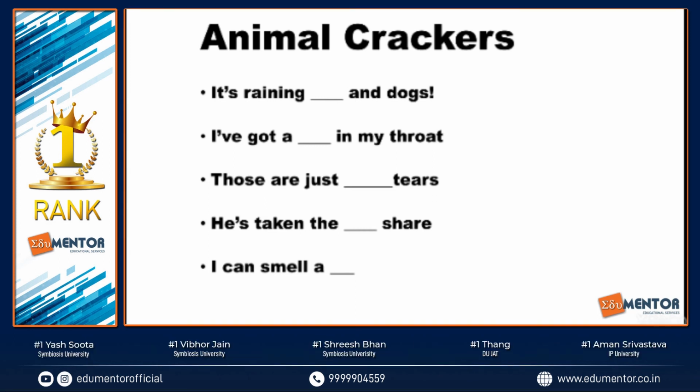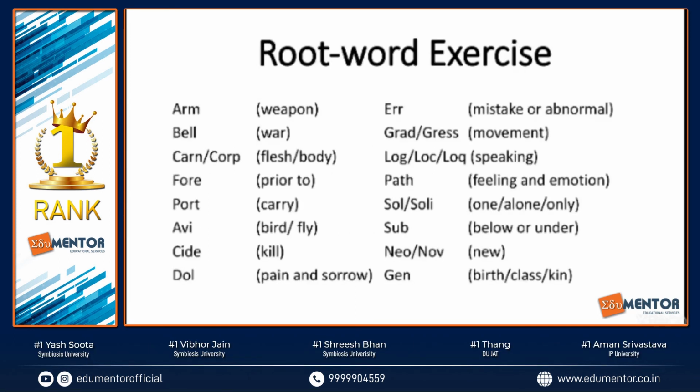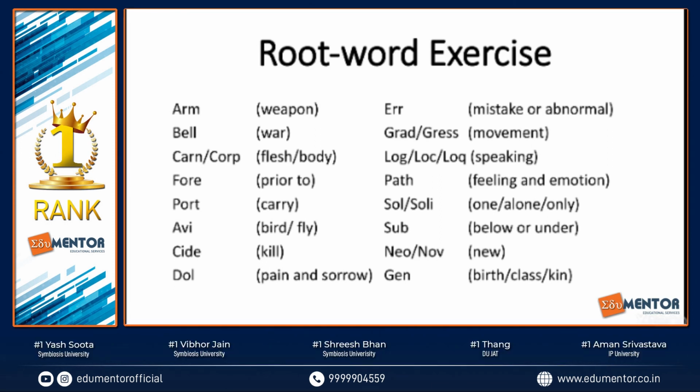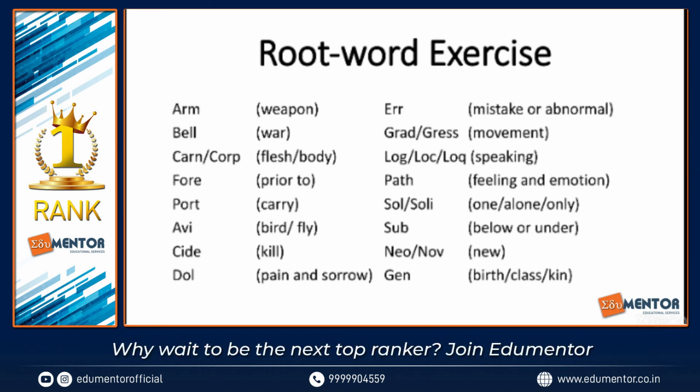Next up, we have the word bell. The root word bell means war. Based on this, we can come up with words like rebellious or a rebel. A rebellious person, a rebel, is someone who likes the idea of fighting, who is very spiteful in nature, who is forever ready to wage a war for that matter.